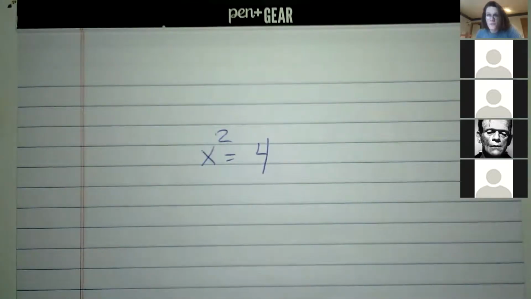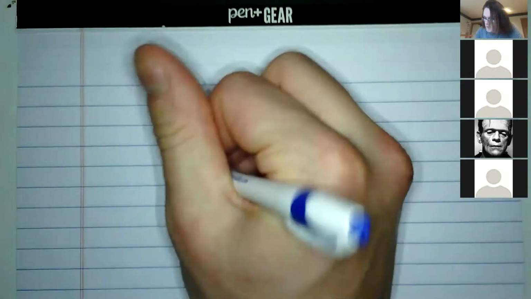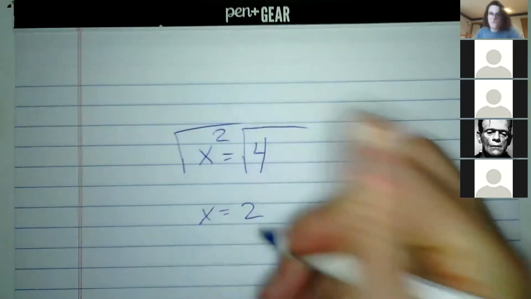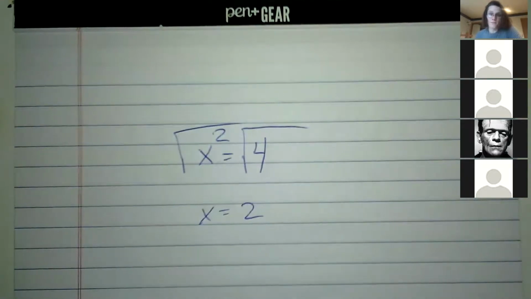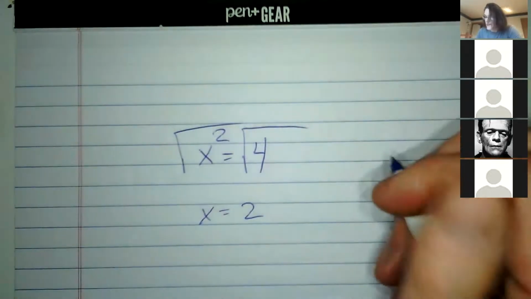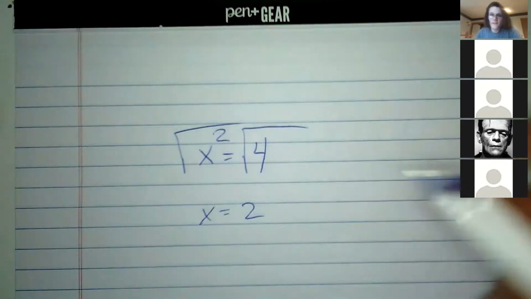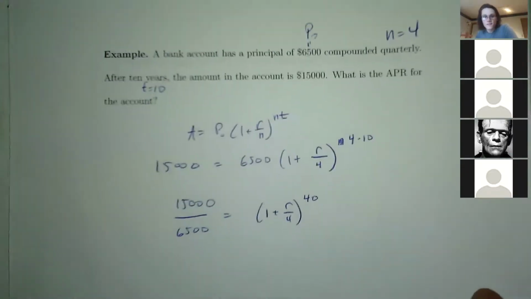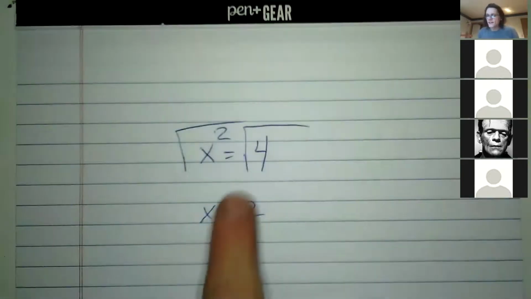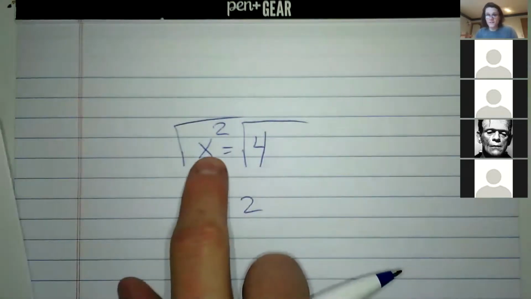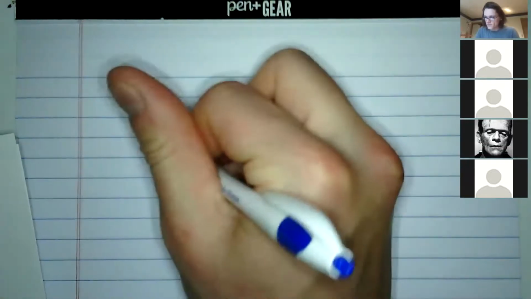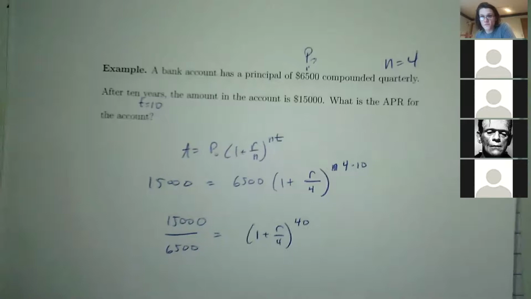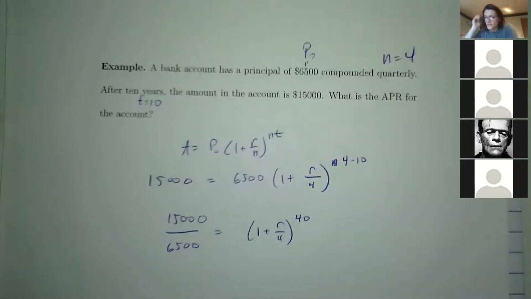I would take a square root of both sides, and I would get x equals, generally, plus or minus 2, but we'll just say 2 for now. That's what you do. And this isn't any different. The only difference between this and this is that instead of 2 and taking a square root, I have 40, so I'm taking a 40th root, but the operations are identical.